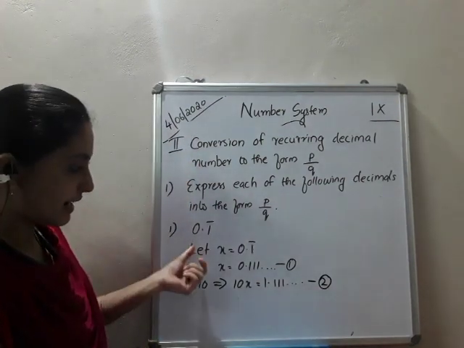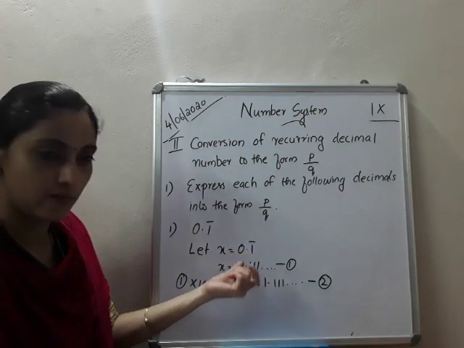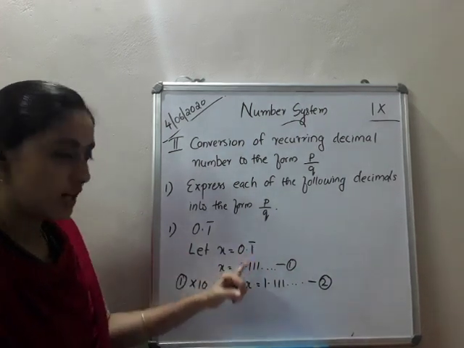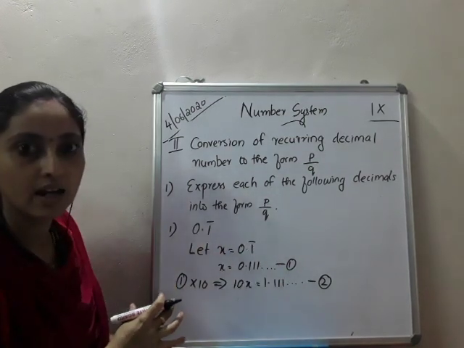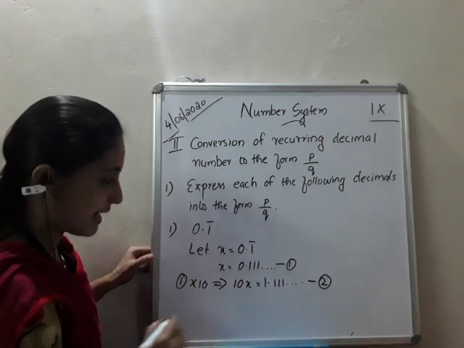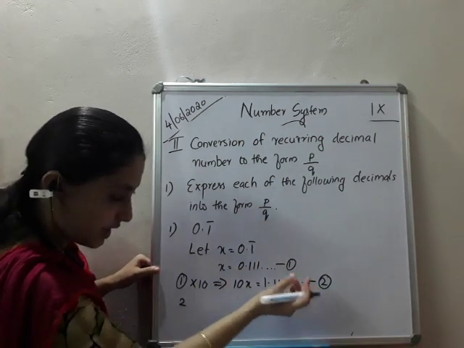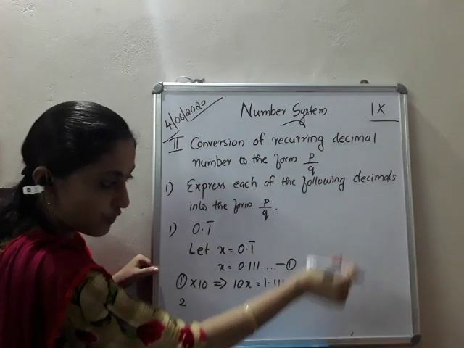Clear? So let x be that number and then we expand, that is 0.111 etc. Then only one digit is repeating, so you multiply that equation by 10. That is 10x is equal to 1.111 etc. Then you have to subtract equation 1 from equation 2.